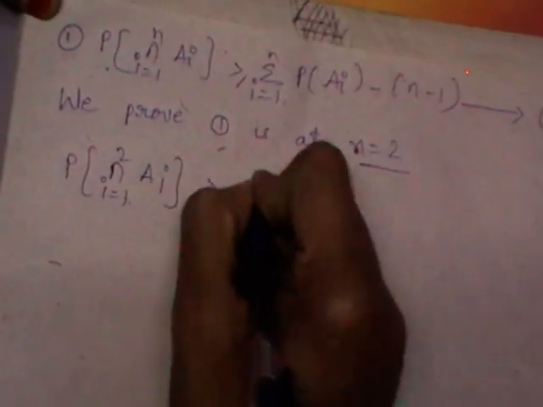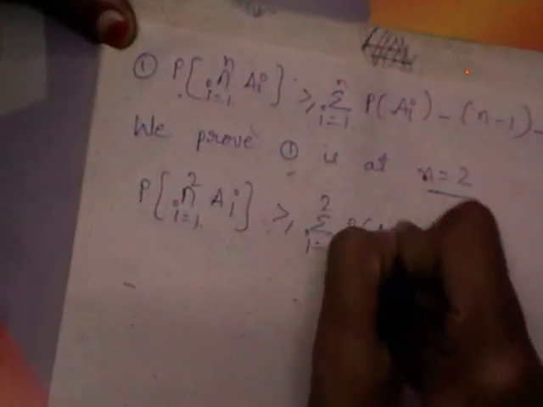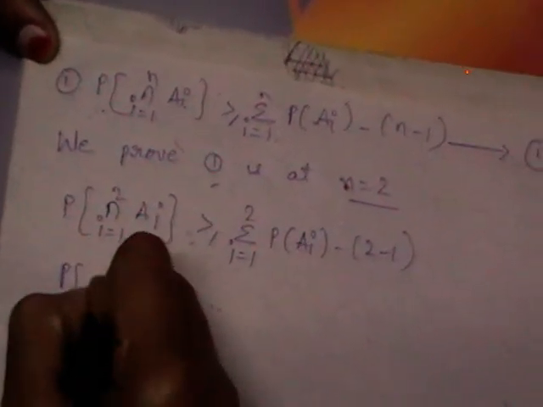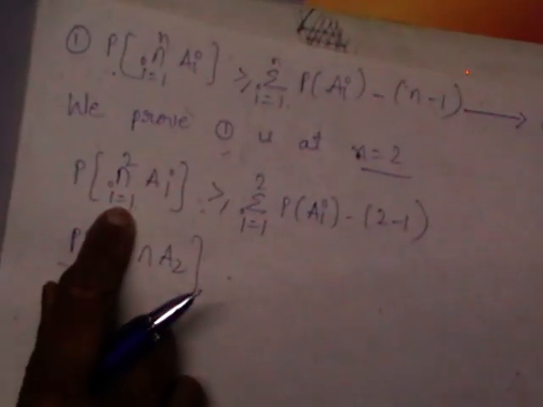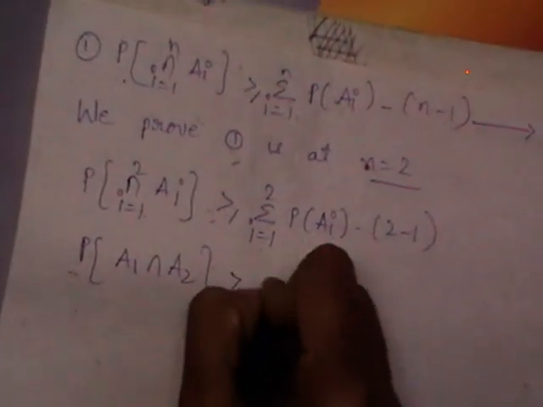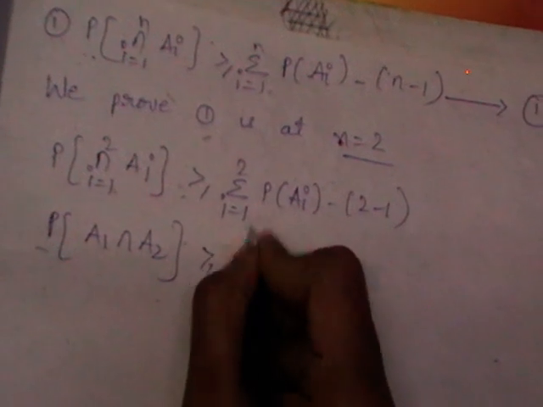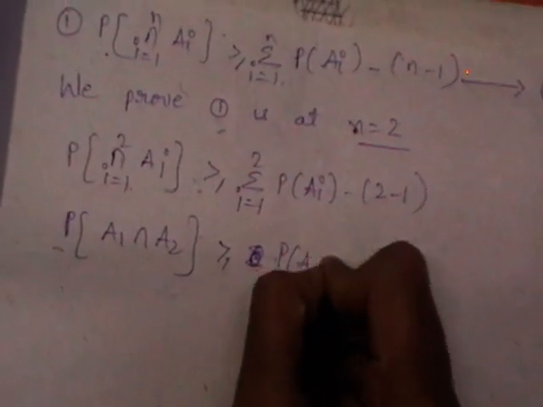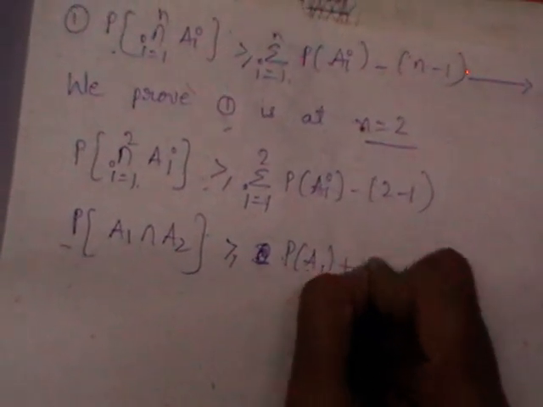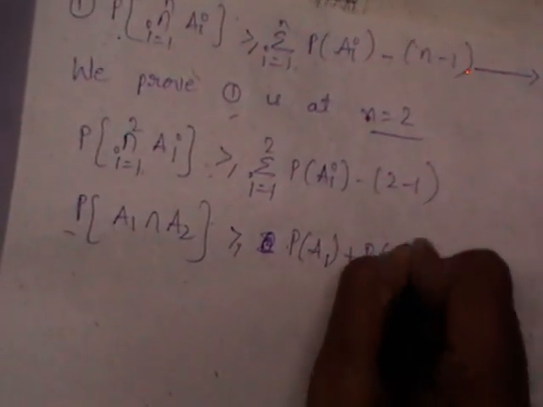Probability of intersection of Ai is greater than or equal to sigma i equal to 1 to 2 of P of Ai minus (2 minus 1). If we expand this, we can write this as P of A1 intersection A2, because we have intersection here, greater than or equal to, sigma means plus, first put i equal to 1, P of A1 plus P of A2 minus 1.